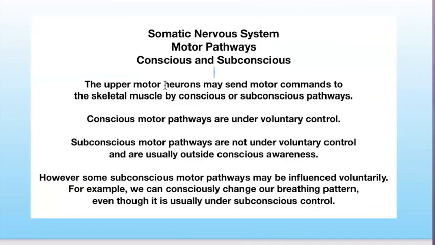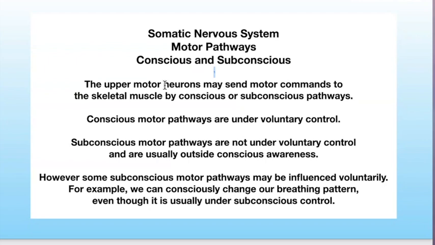The upper motor neurons may send motor commands to the skeletal muscle by conscious or subconscious pathways. Conscious motor pathways are under voluntary control. Subconscious motor pathways are not under voluntary control and are usually outside conscious awareness. However, some subconscious motor pathways may be influenced voluntarily.